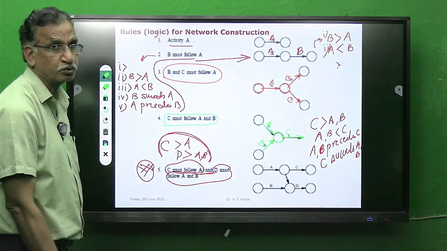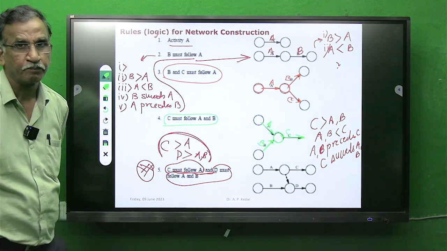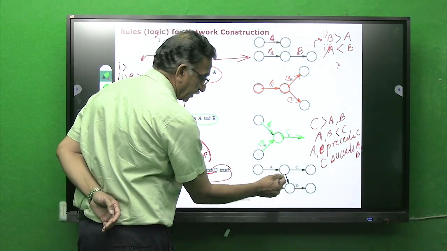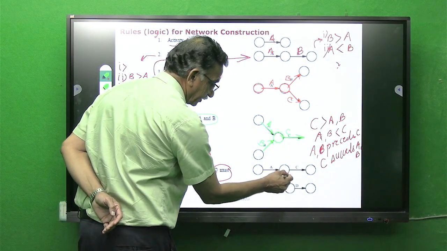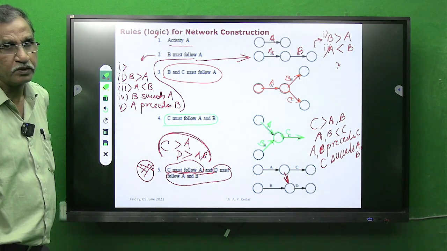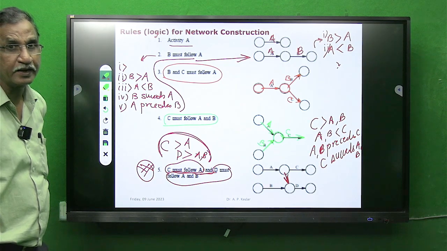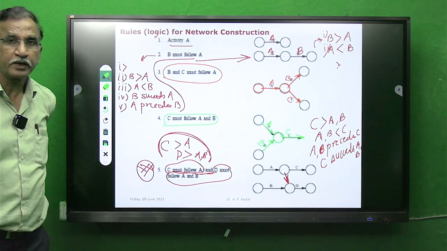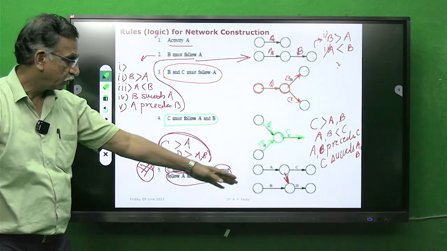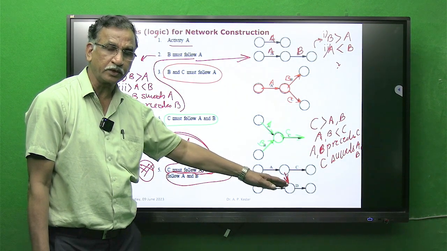Now here some students usually commit a mistake. What they do? Instead of giving this dotted, they give a straight line. When you draw a straight line, you are saying that it is a real activity, and we know a real activity consumes time as well as resources. Where will you get resources for this activity?